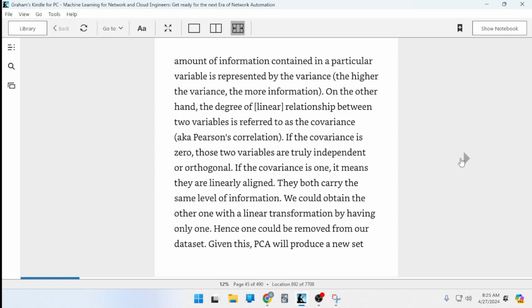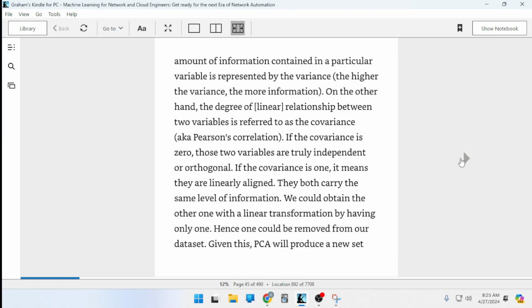On the other hand, the degree of linear relationship between two variables is referred to as the covariance, aka Pearson's correlation. If the covariance is 0, these two variables are truly independent or orthogonal.